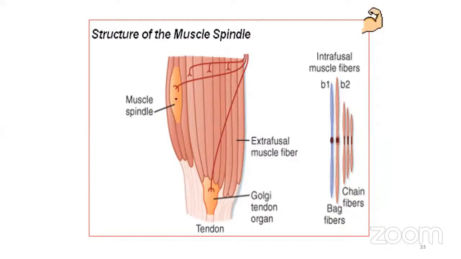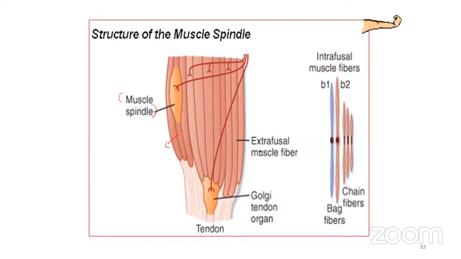So this is the muscle spindle, the receptor for stretch reflex. It has mainly two parts. One is the contractile region at the end, inserted inside the fibers known as extrafusal muscle fibers.